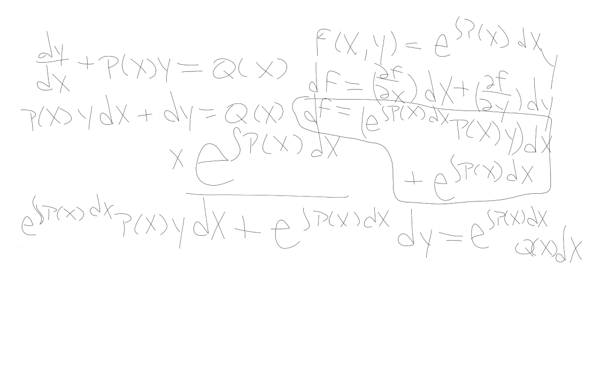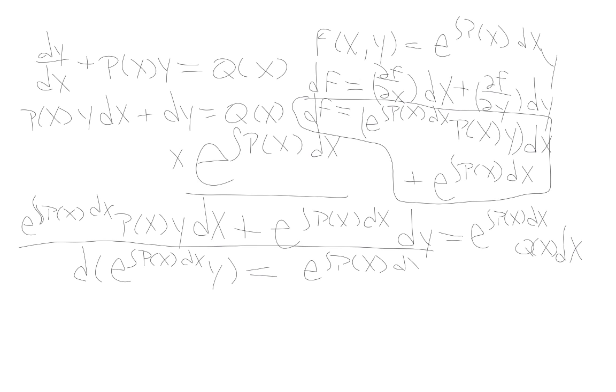So with that being said, now we have the total differential of the integrating factor e to the integral of P(x) dx times y, and that is equal to e to the integral of P(x) dx times Q(x) times dx.